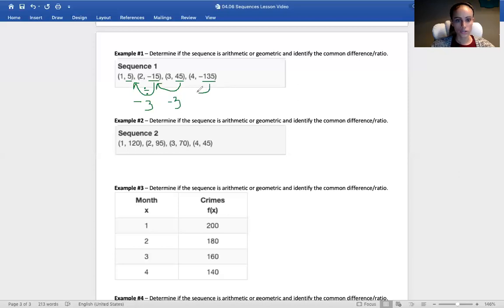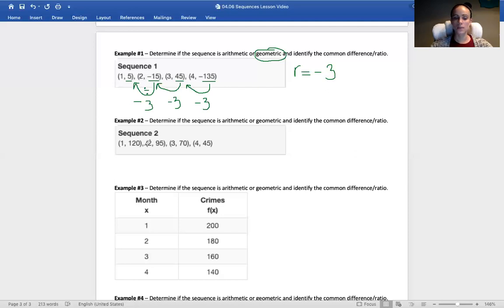And then if we check a third time, negative 135 divided by 45 is negative 3. So that means we have a geometric sequence and our common ratio is negative 3. Once you have this information, you would then be able to do like we did up above and write a recursive formula, an explicit formula, and then use that to find a specific term.